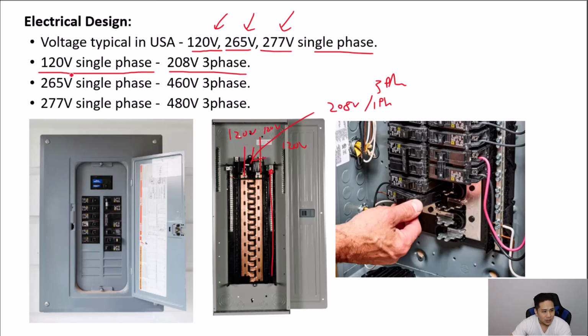And similarly, instead of 120 volt single phase, you could get a 265 volt single phase, and that would be the equivalent of a 460 volt three phase if you had three of those 265 volt single phases in the panel. Same thing with 277 volt single phase. If you have three of those phases, you get an equivalent 480 volt three phase panel.